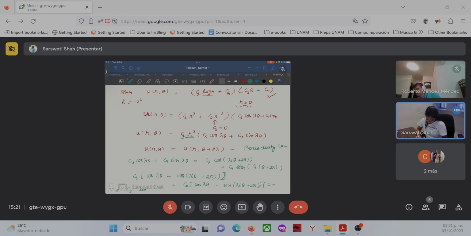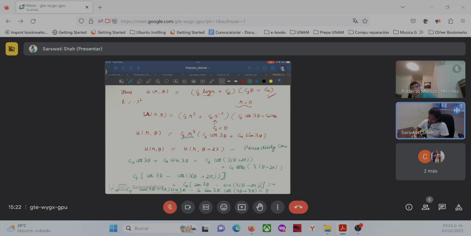This is a trigonometric identity. I am not going to write the trigonometric identity; you need to write it and calculate. You guys are very intelligent. Minus C4 sin lambda pi and cos lambda theta plus lambda pi, that is equal to 0.